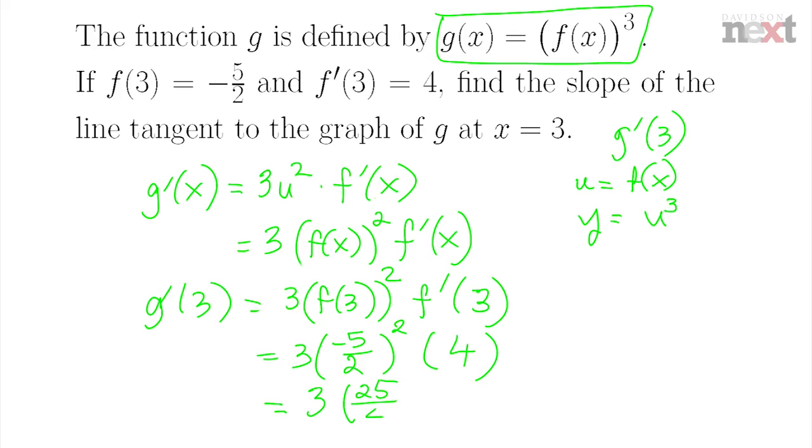Squaring negative 5 halves, 3 times 25 fourths times 4 is equal to 75. And 75 is the slope of the line tangent to the graph of g at x equals 3.